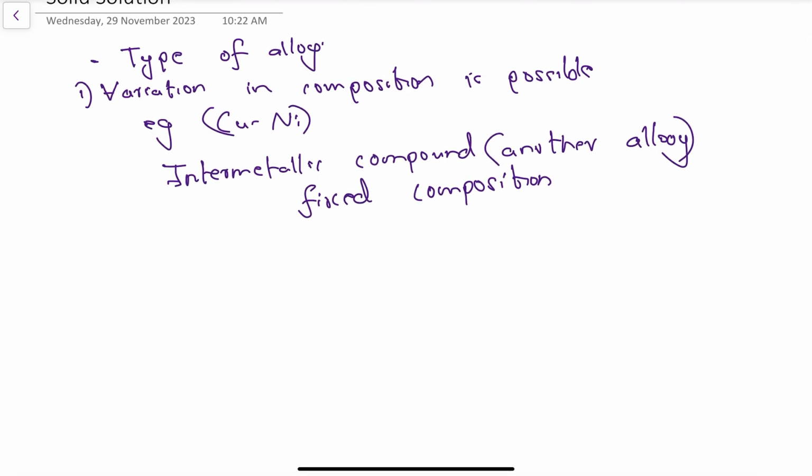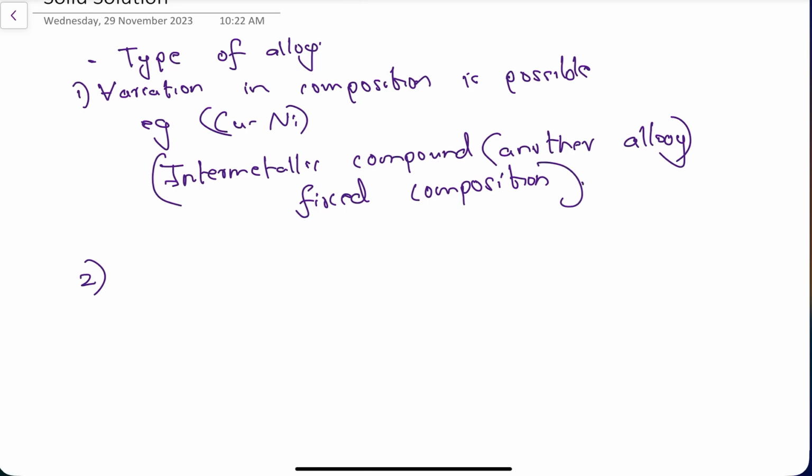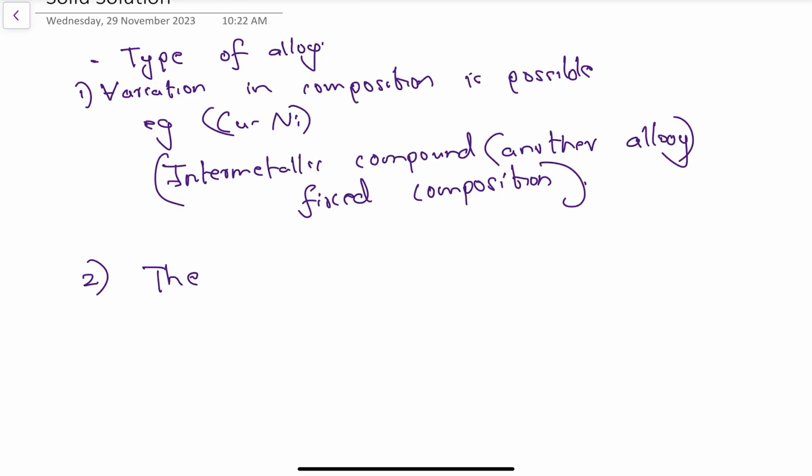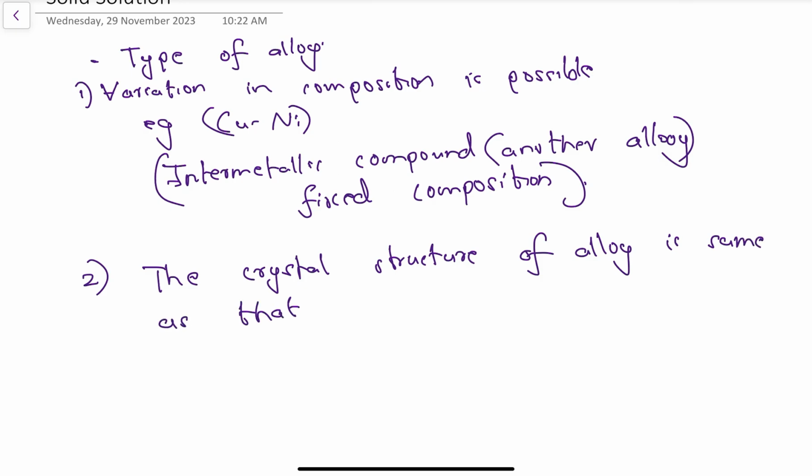One more thing you need to keep in mind in solid solution is that the crystal structure of the alloy is the same as that of one of the components.